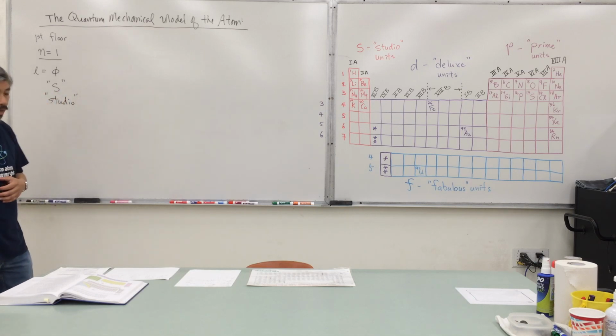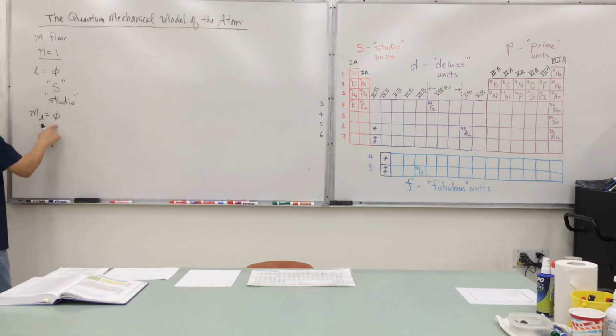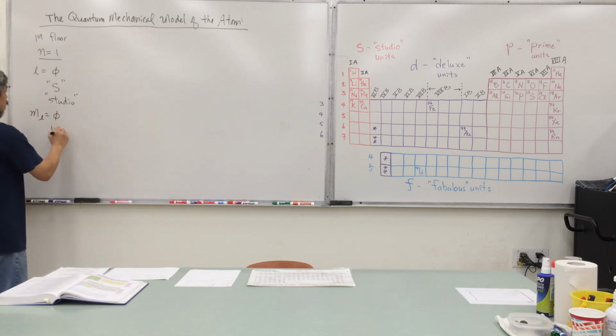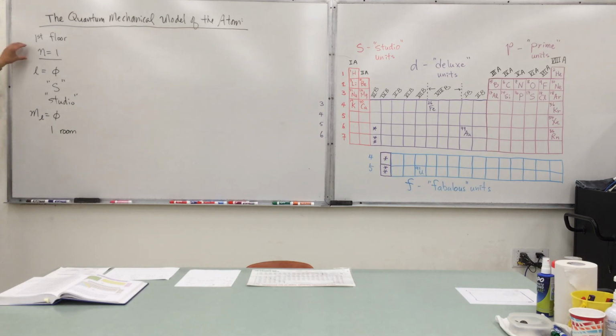And in this case, ml is equal to 0. There's only one room. So on the first floor, you have a single s studio in there. That studio has a single room available for occupants.